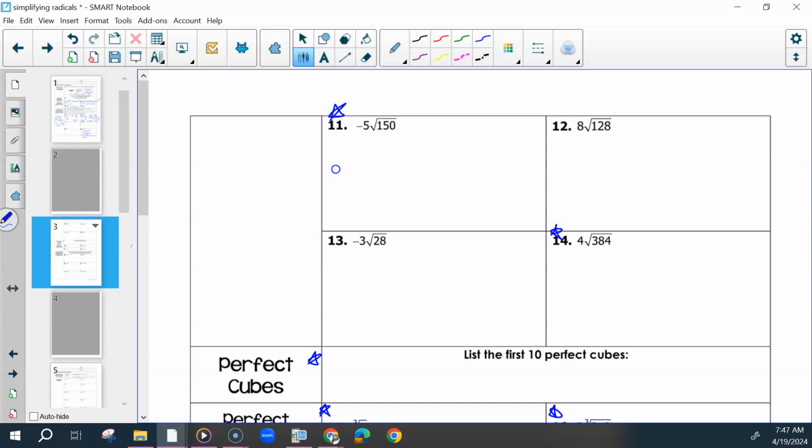So think of a perfect square that you could divide 150 by. 150 divided by 6 equals 25, okay. So we have negative 5 times the square root of 6, and the square root of 25 is just 5. What would that final answer be?